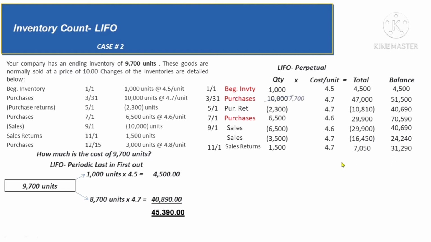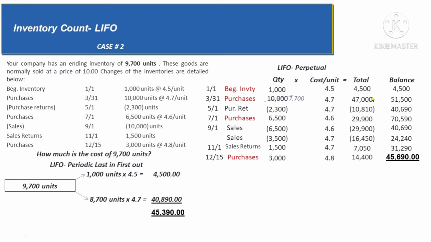And if it is added to the running balance, we will have an updated balance of 31,290. And lastly, on 12/15, we have a purchase of 3,000 units at 4.8, which is equivalent to 14,400 all in all. Now, we need to add this to the running balance, and we have 45,690 for the 9,700 units remaining.